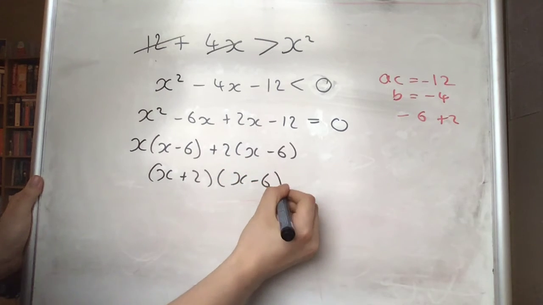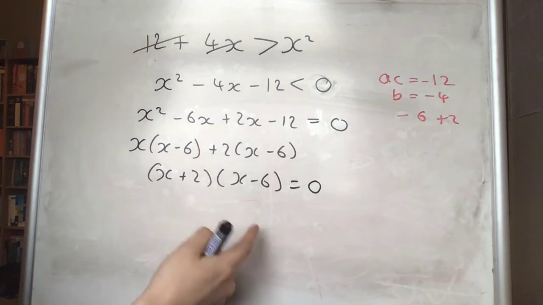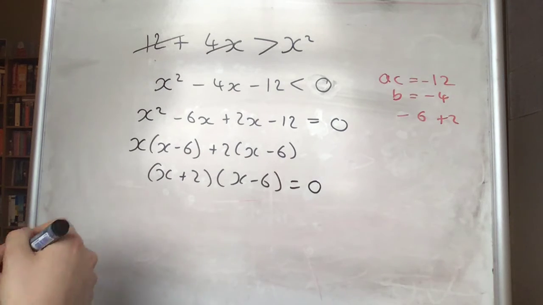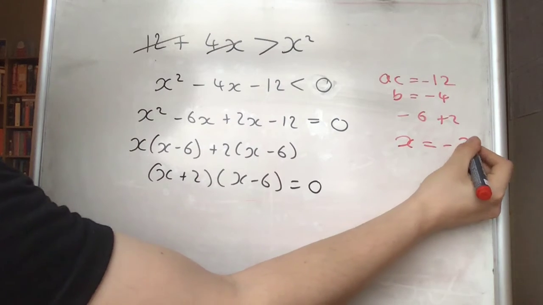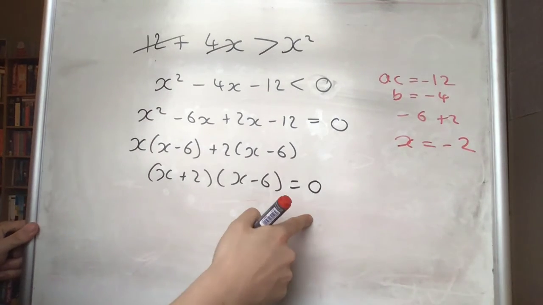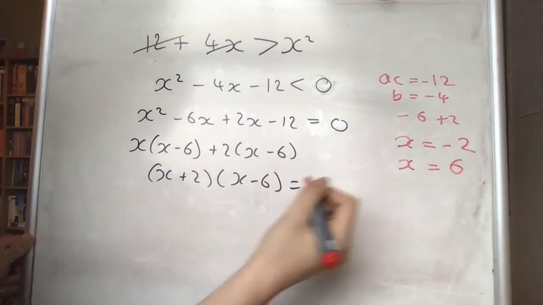Simplifying this down, we've got x plus 2 times x minus 6 equals 0, which means that our solutions are, if we set x plus 2 equal to 0, that means that x is going to be negative 2. So we've got x equals negative 2, and x minus 6 equals 0. We can add 6 to both sides, that gives us x equals 6.